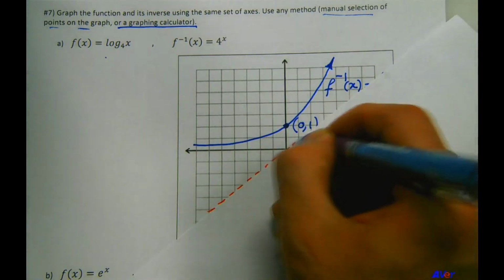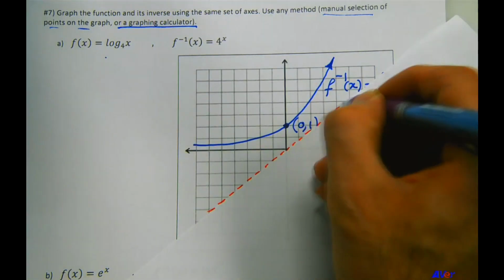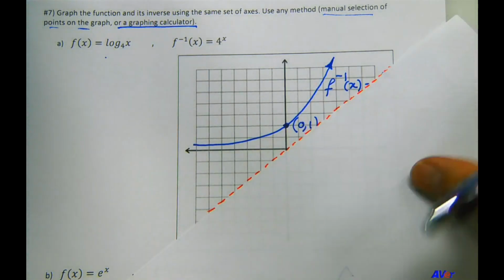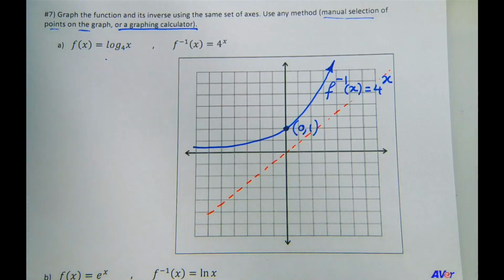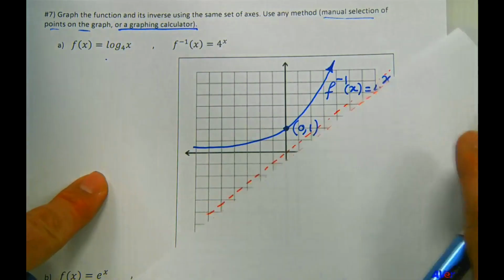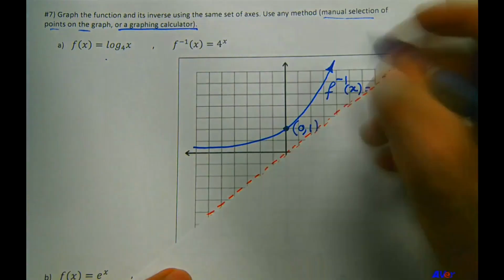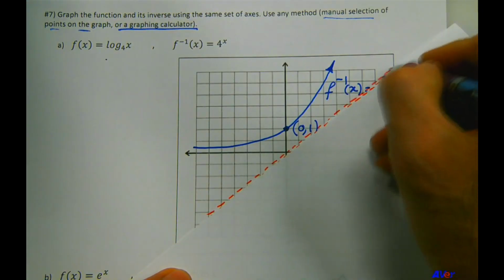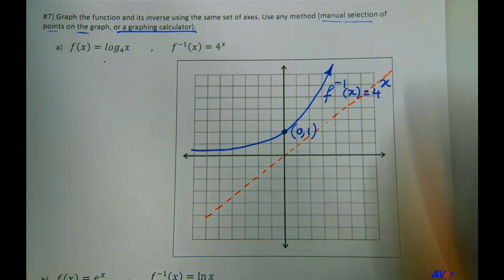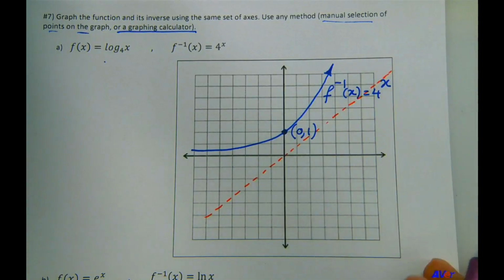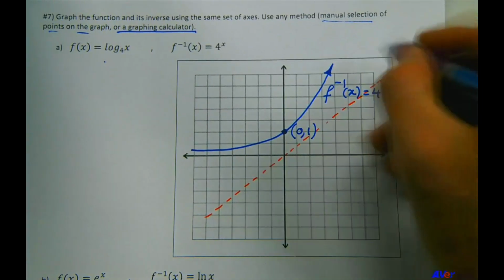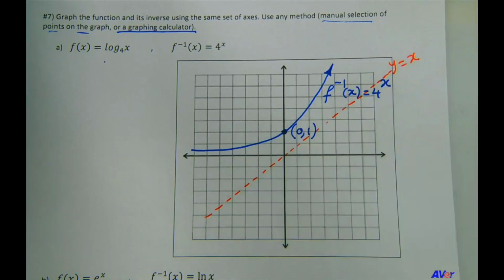So let me draw this dashed line. Oops, I'm not using my ruler here, but let me try to make this as straight as possible, like that. So that red line is the mirror, y equals x.